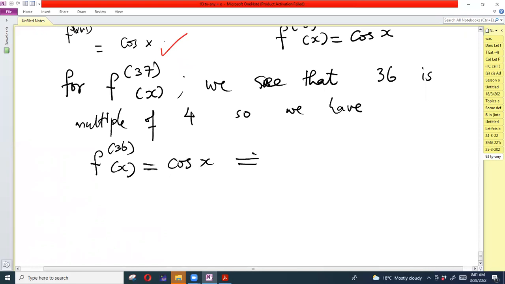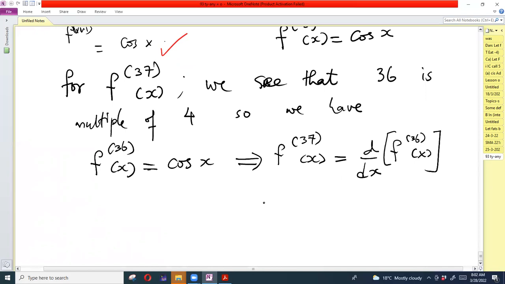Which then implies that the 37th derivative will be simply the derivative of the 36th derivative, which is the same as d/dx of cos of x, and this will give us negative sine of x. So this is how we determine the 37th derivative of the function f of x equals cos x.